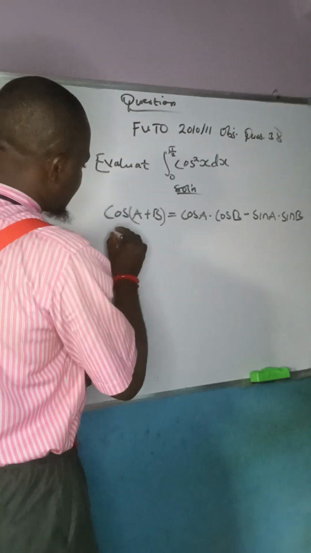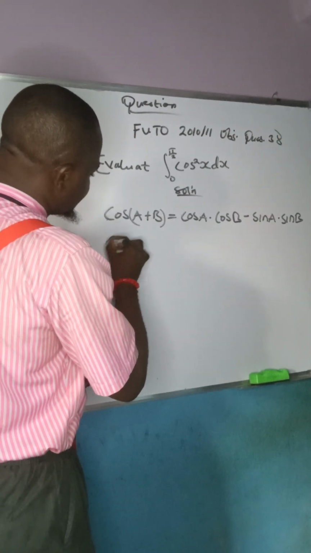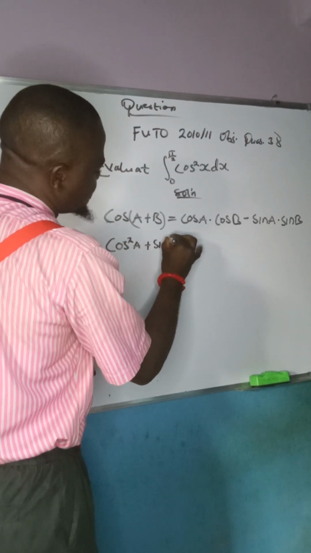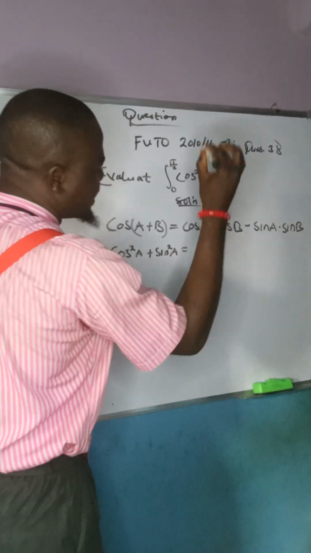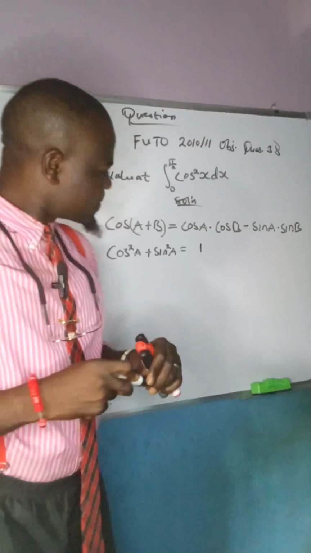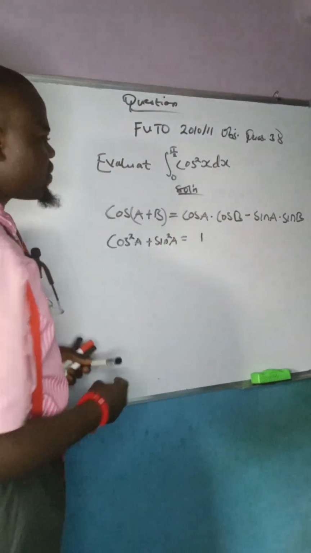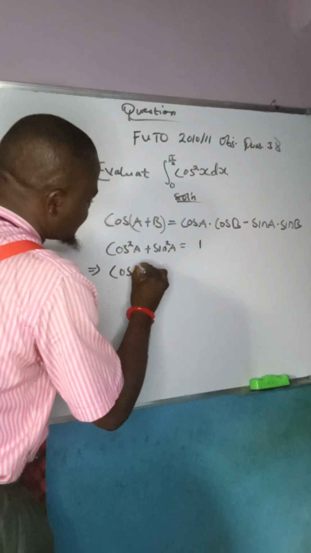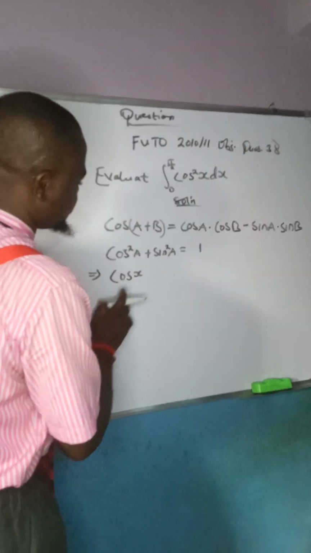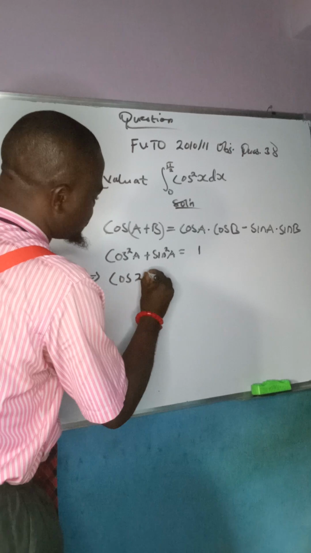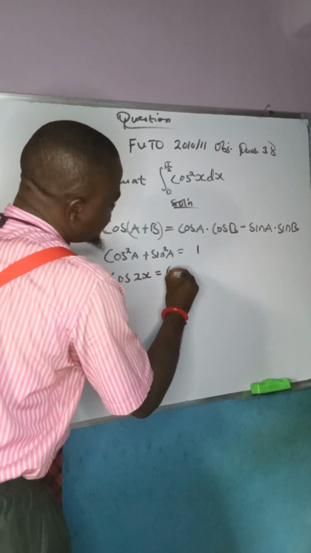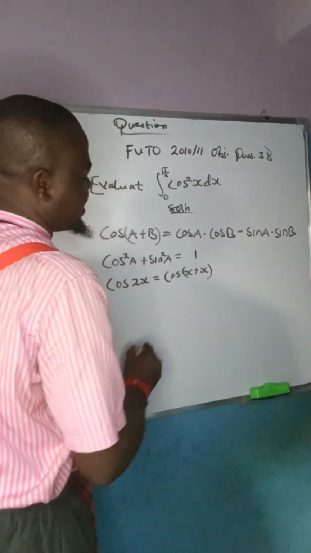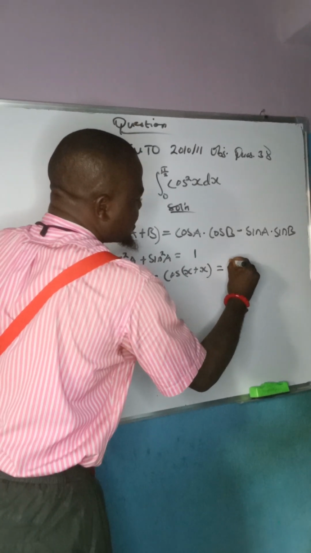Now, we all know as well that when I have cos squared A plus sin squared A is equal to 1. Right? Now, if we know this and we believe this, it implies that if I have cos 2x, which is the same thing as cos x plus x, it will be what?